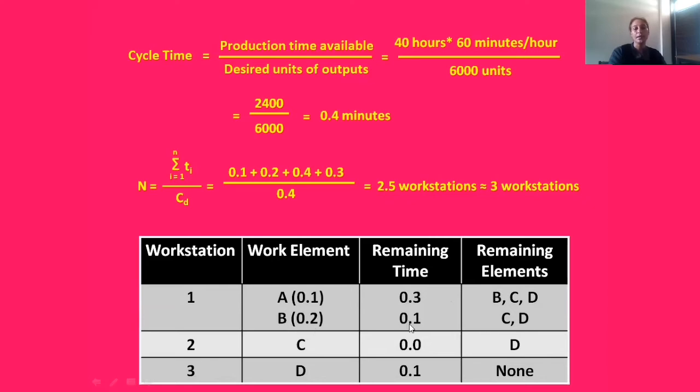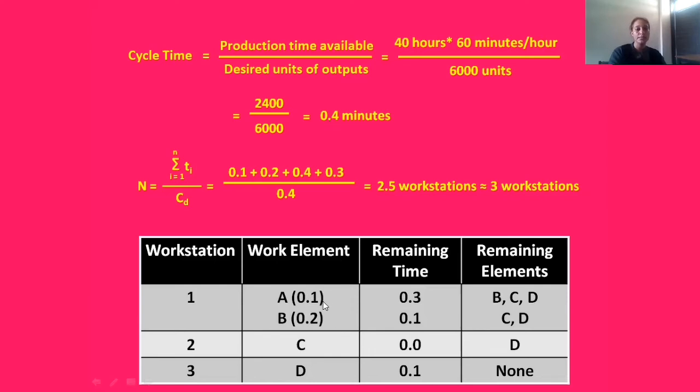Next we take B, with processing time 0.2. Now the remaining time for the first workstation is 0.1, meaning 0.3 minus 0.2 gives us 0.1. The maximum time we can allot to each workstation is the cycle time, that is 0.4. So the sum of the work elements allocated to a workstation cannot exceed 0.4. It can be either equal or less.